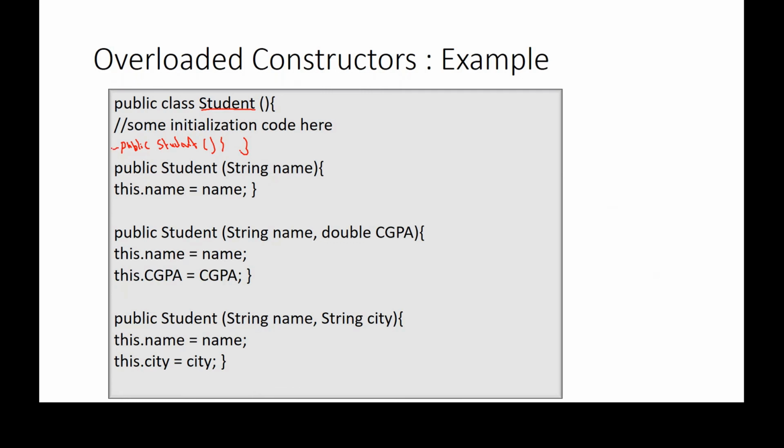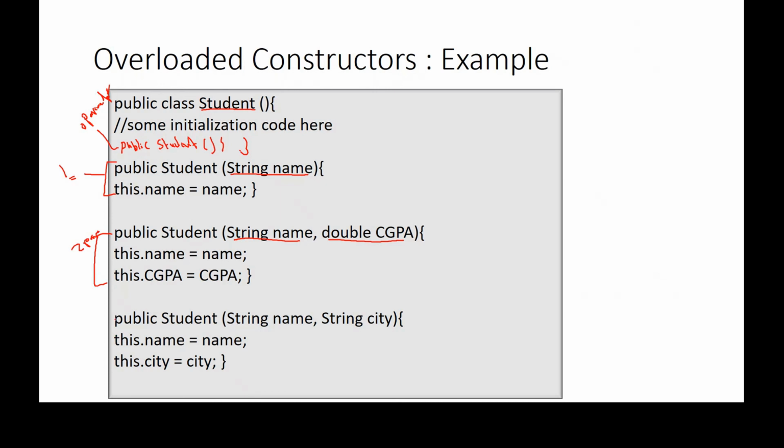This is one, 0 parameters. Here, another one, but this one contains 1 parameter. What about this one? How many parameters? 2 parameters.